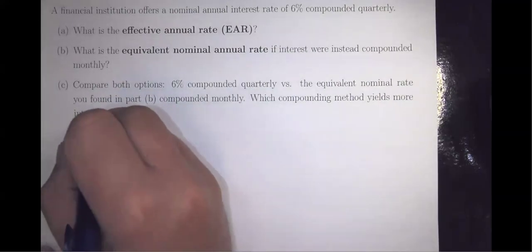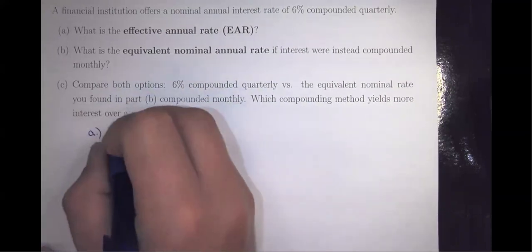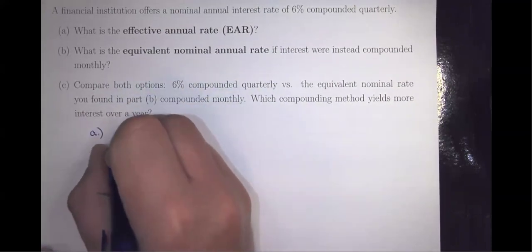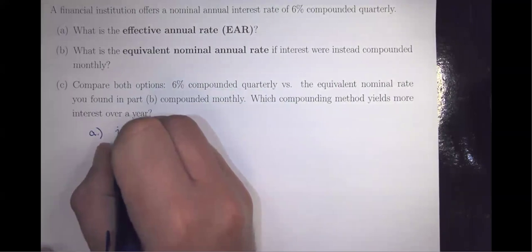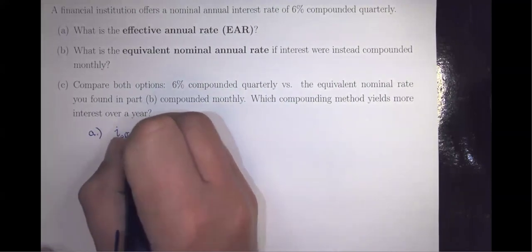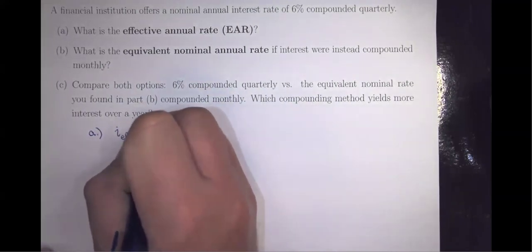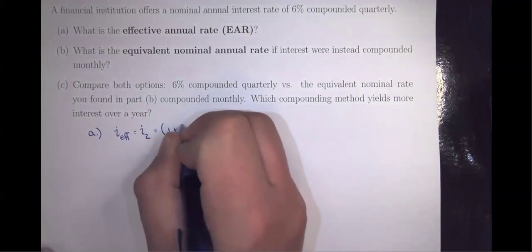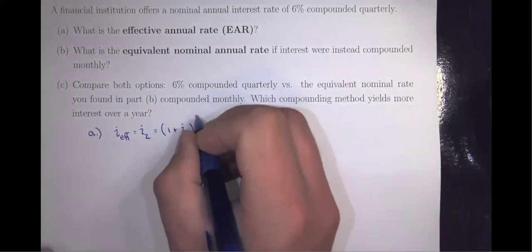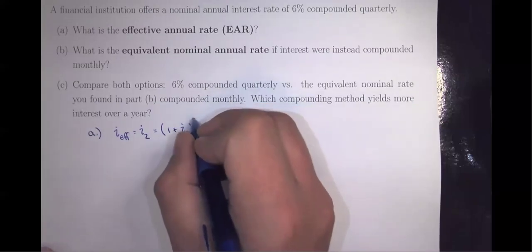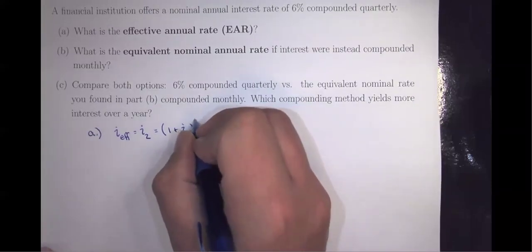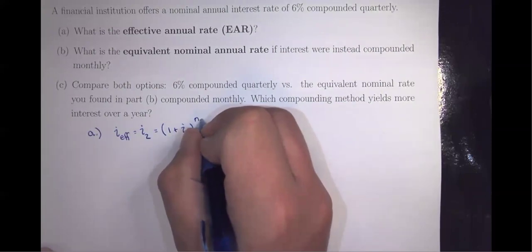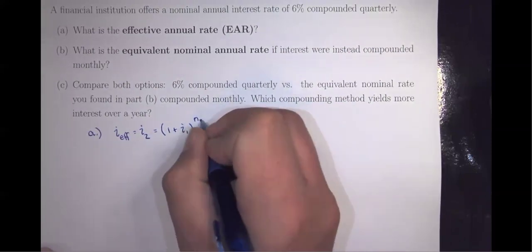So for part A, we're looking for the effective annual rate, which is a type of I2. So I effective, like I said, is a type of I2, which is 1 plus I1 to the power of N1, usually N1 over N2, but in this case N2 is 1 year.